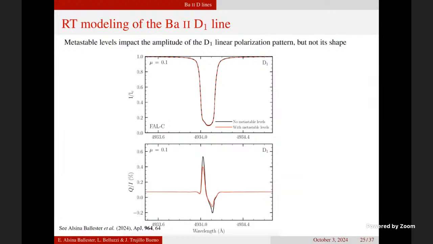Until we have a code that can account for multi-term atoms, hyperfine structure and magnetic fields, we considered making these calculations, saying, yes, we're aware that there is some impact of the metastable levels, but still let's investigate what happens with the magnetic fields.